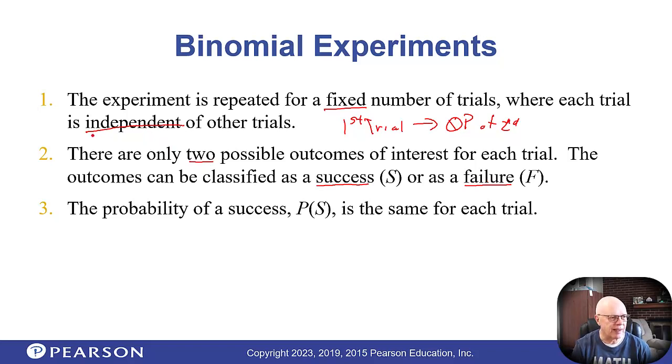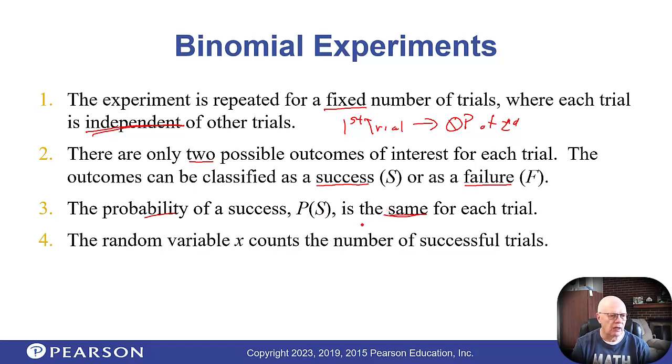Notice up here we said they're independent. That's part of this. The probability is the same for every trial. Also, the random variable x, the number we're going to be focusing on, is the number of successful trials. In other words, whatever we're interested in, x represents how many times we got that result.